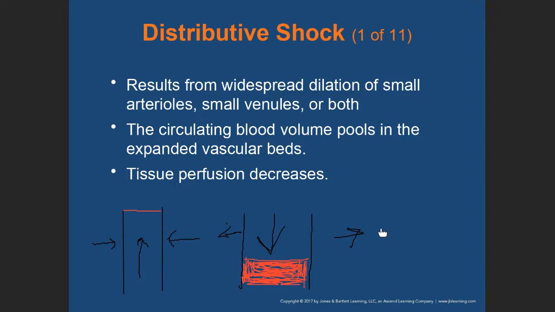So distributive shock results from widespread dilation of small arterioles, small venules, or both. The circulating blood volume pools in the expanded vascular beds and tissue perfusion decreases.